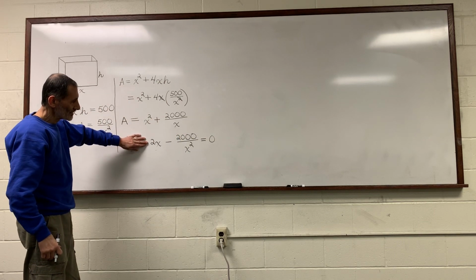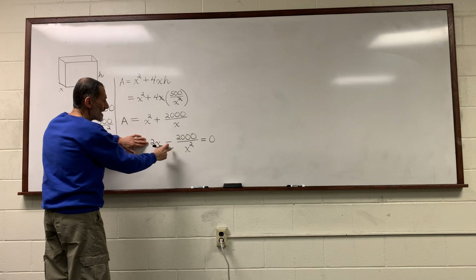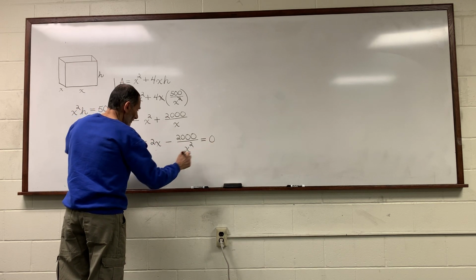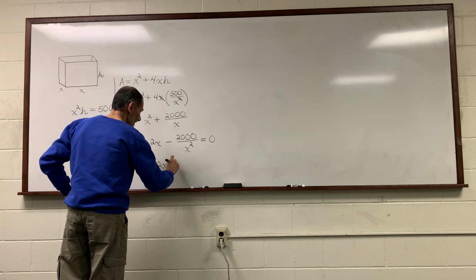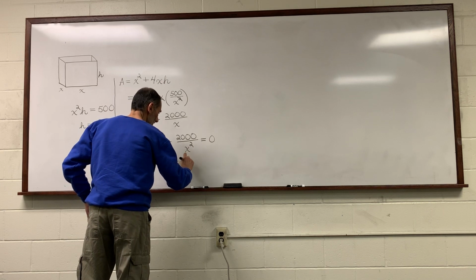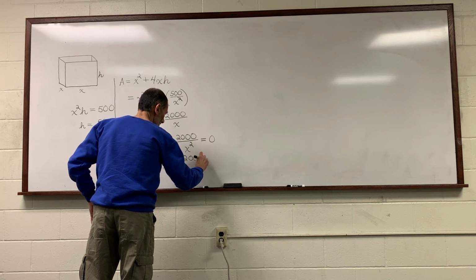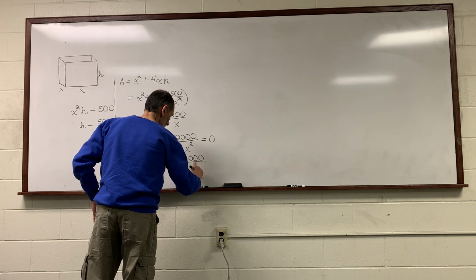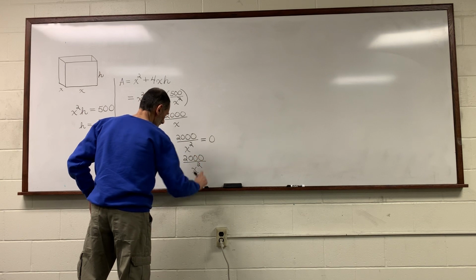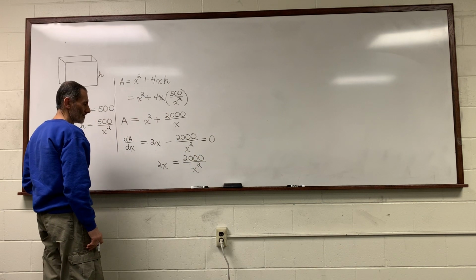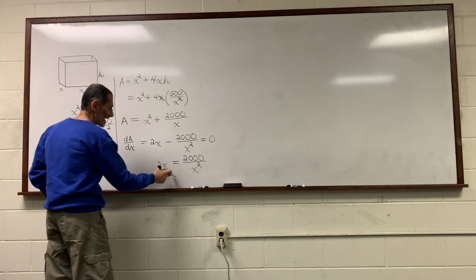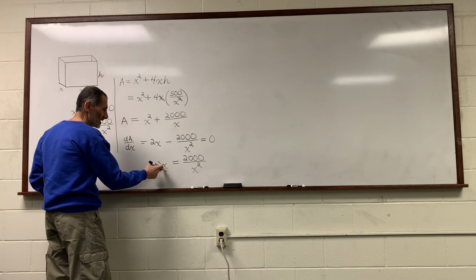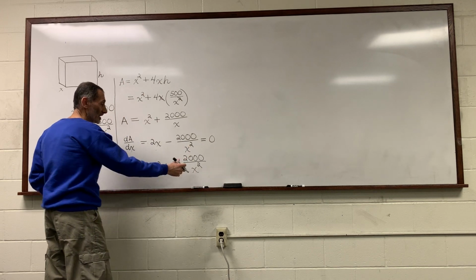If a minus b equals 0, then of course a equals b. Multiplying through by x squared yields x cubed here. Dividing by 2 is 1,000.